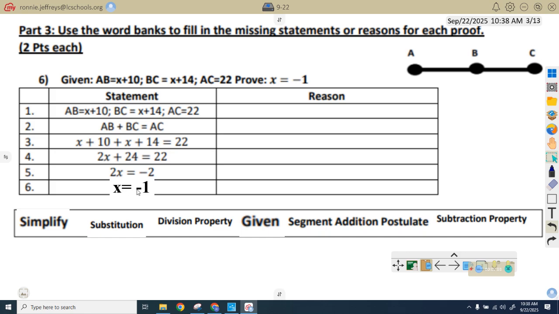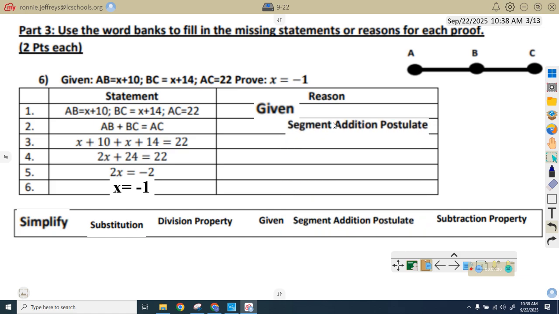Now, the first reason should always be given. So if there's 6 of these blanks on the test tomorrow, everybody should at least get this one. It says this little segment plus this little segment is a big segment.